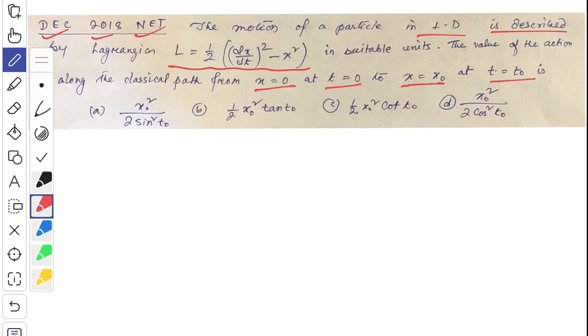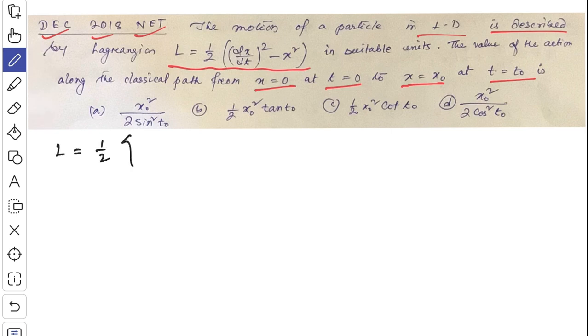Let me write the Lagrangian first. L is equal to half dx by dt whole square minus x square. Dx by dt means x dot, so it is half x dot square minus x square.